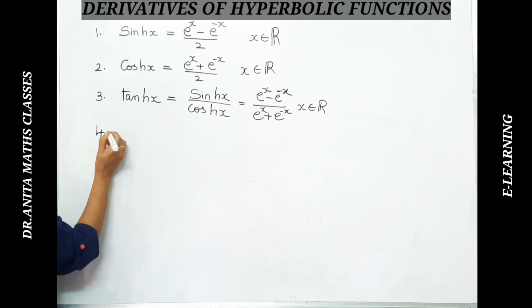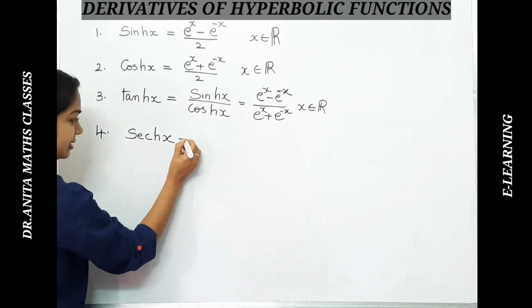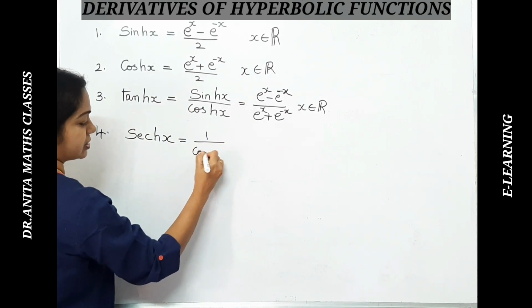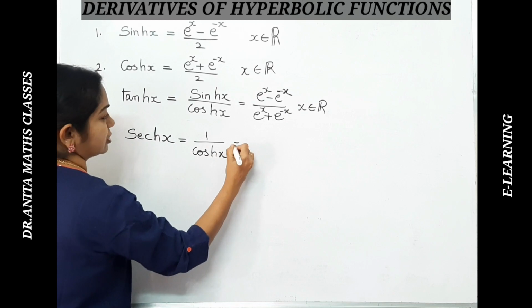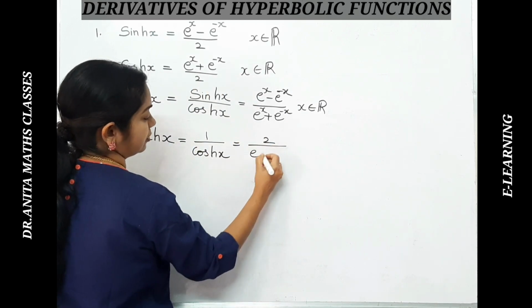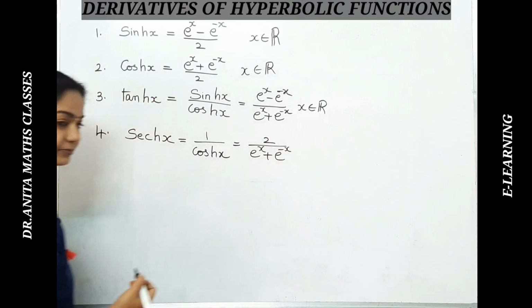When we move on to the next one, that is sech x, this is the inverse of cosh x. So cosh x is this, and we get 2 upon e to the power of x plus e to the power of minus x.